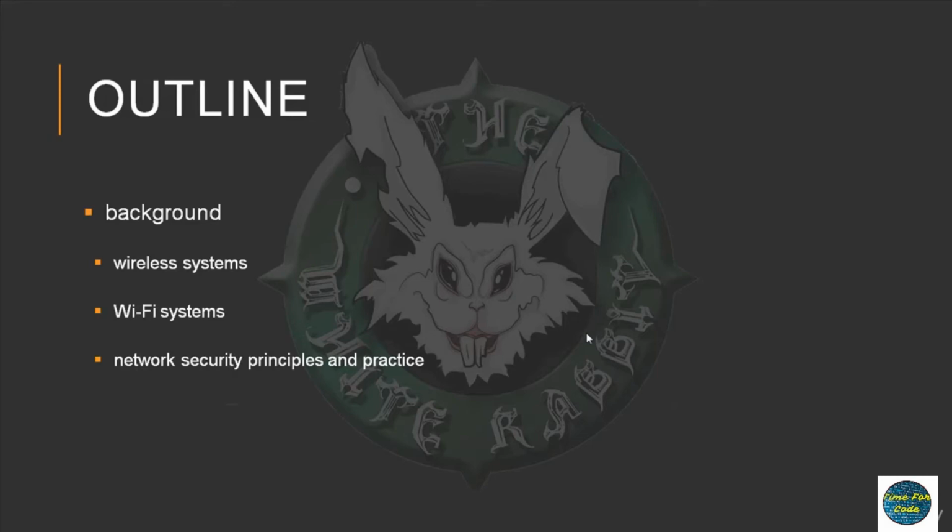We want to know the different characteristics compared with other wireless systems, so that gives us some perspective and context for talking about Wi-Fi systems. Then we go into talking more specifically about Wi-Fi systems, the different variations, the frequency bands and things, especially where it relates to things that we would need to understand in order to better appreciate what we do in penetration testing of Wi-Fi systems.